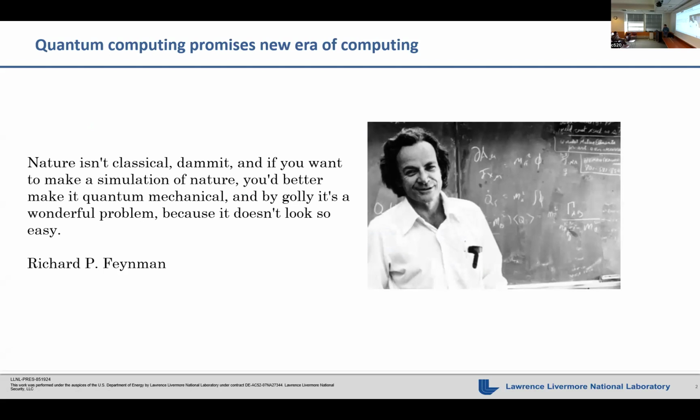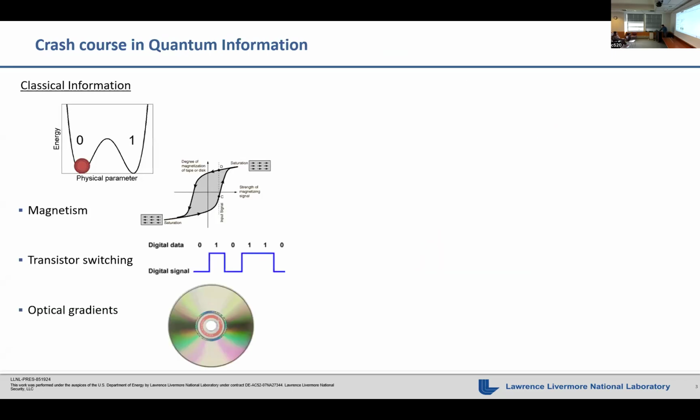And so at Livermore, we do a lot of quantum mechanics, and that's why we have a lot of HPC, and that's why we're always looking at the next generation of computing, and quantum computing is one of them.